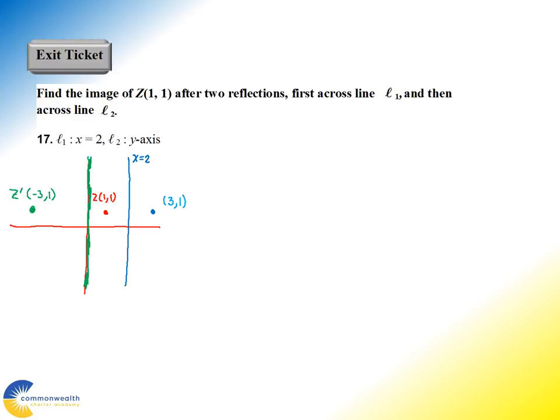That point at (3, 1) is 3 units to the right, so its image would be 3 units to the left. So the image of Z, or Z prime, would be at (-3, 1).